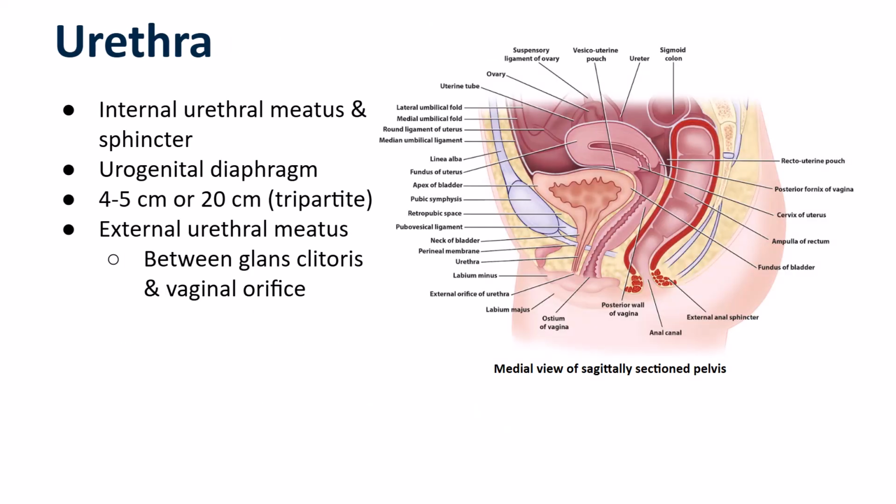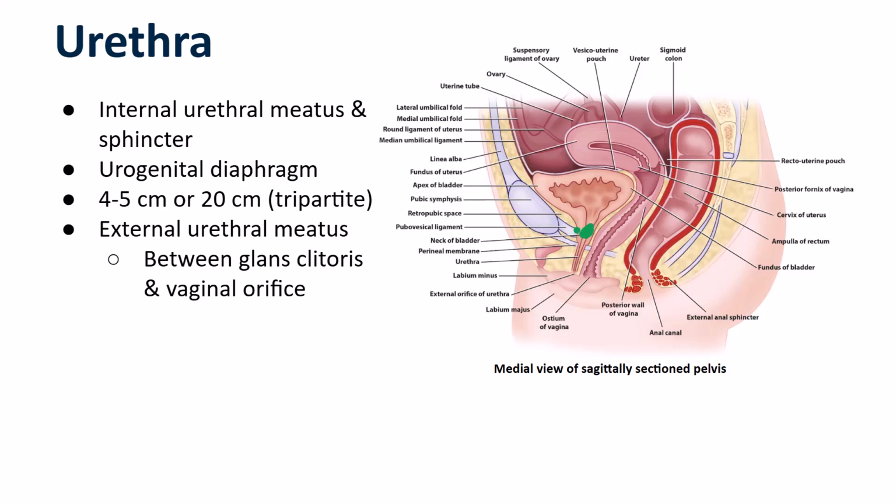Now, the urethra is just a simple passageway that connects the bladder to the outside world. It begins at the internal urethral meatus, which is surrounded by the internal urethral sphincter, which is smooth muscle that is contracted to maintain continence of urine within the bladder, control of that.